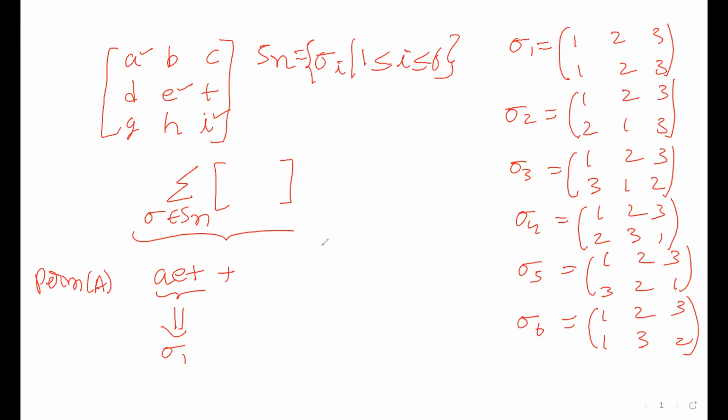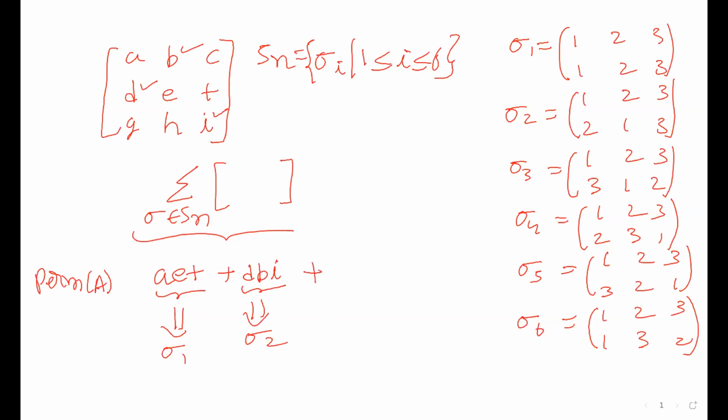And now let's take 2. What is the permutation? 2, 1, 3. So in the first column, we pick the second element. In the second column, we pick the first. In the third column, we pick the third element. The product of this is D times B times I. This is the value contributed by permutation 2.